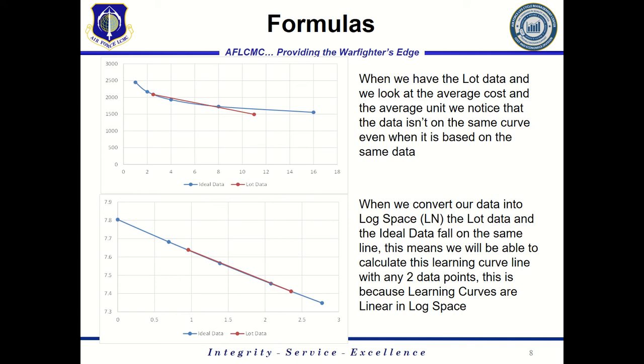And you'll see when we plot the lot data, it's a straight line because we only have 2 data points, and we're not on the same line, and we're not on the same plane as far as what that learning curve looks like.